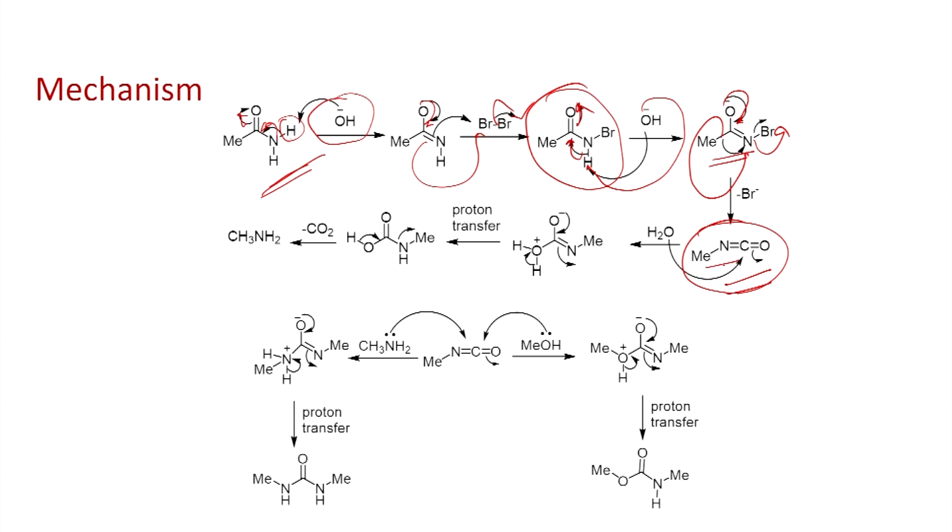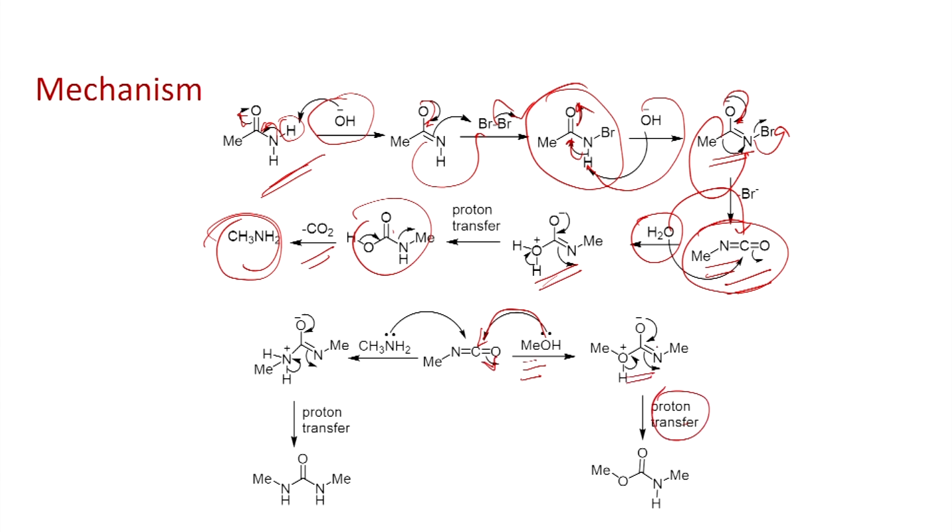Once you have the isocyanate, as we have just seen, addition of water will form this intermediate. Proton transfer can lead to the formation of the amine, and this one can lose carbon dioxide, and you will be able to form methylamine as the product. Here the reaction with methanol is shown; addition of methanol to the isocyanate can give this intermediate.